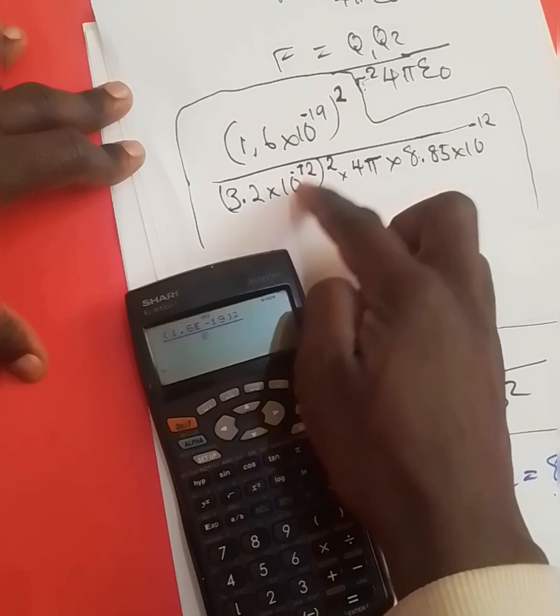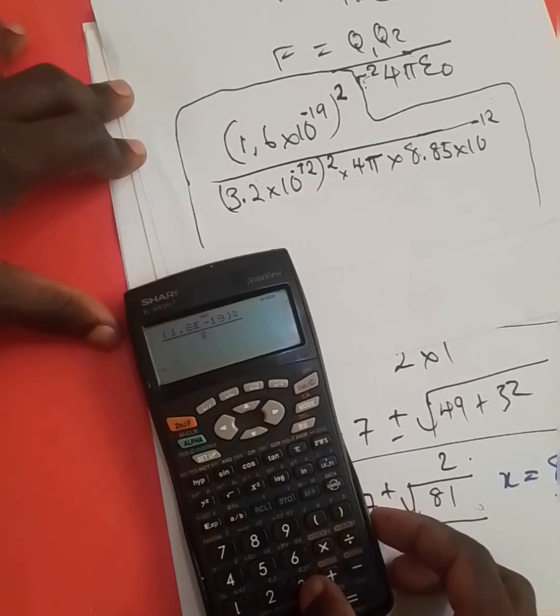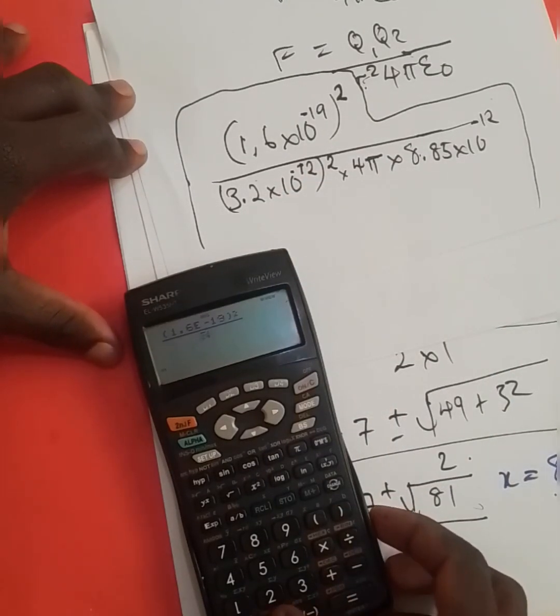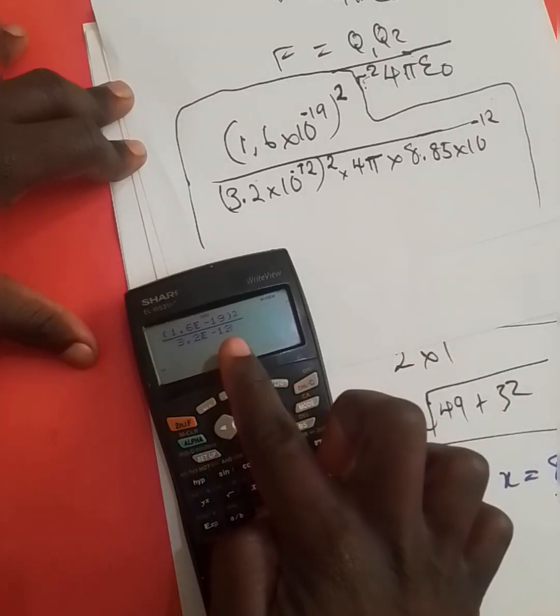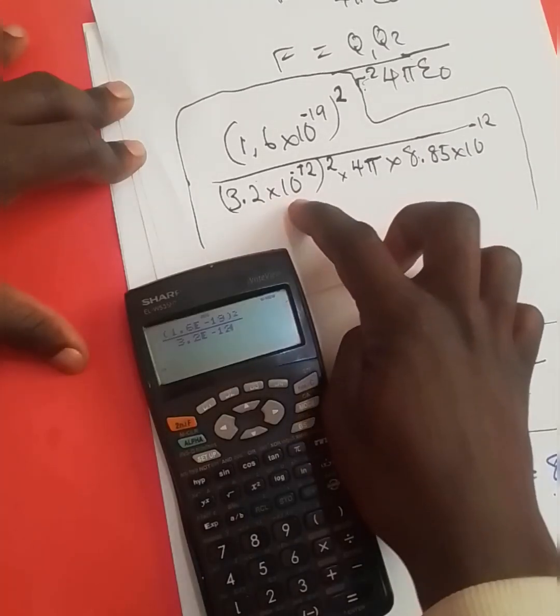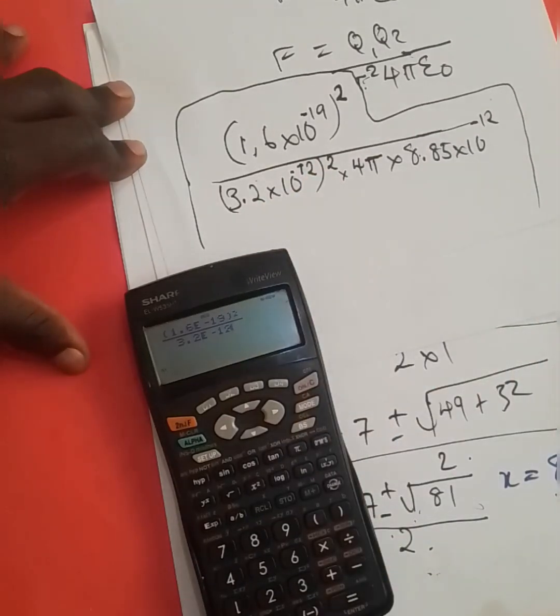Over 3.2 times 10 to the power negative 12, so we write 3.2 exponential negative 12. That just means 3.2 times 10 to the power negative 12, since the exponential button stands for 10 to the power.